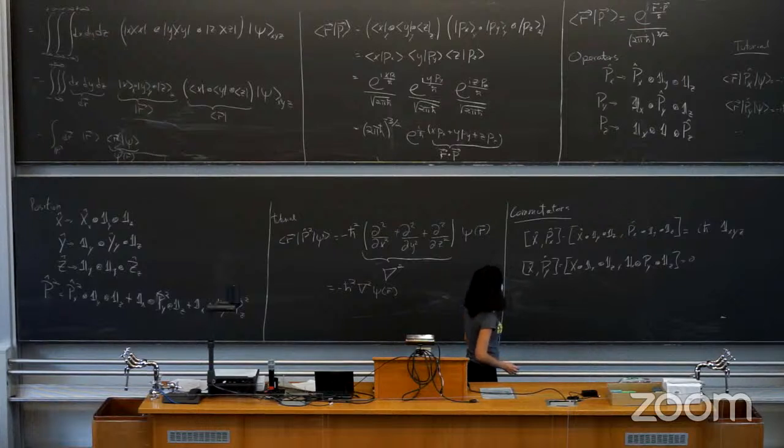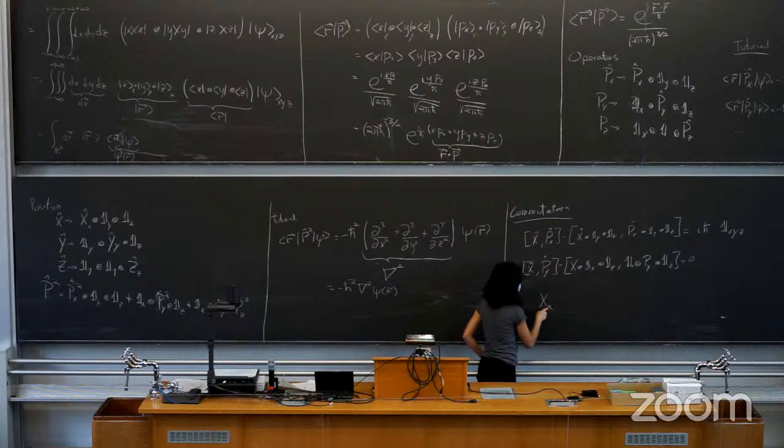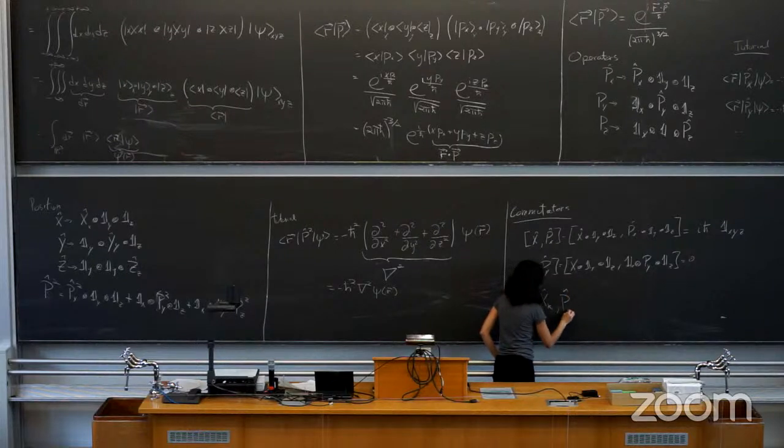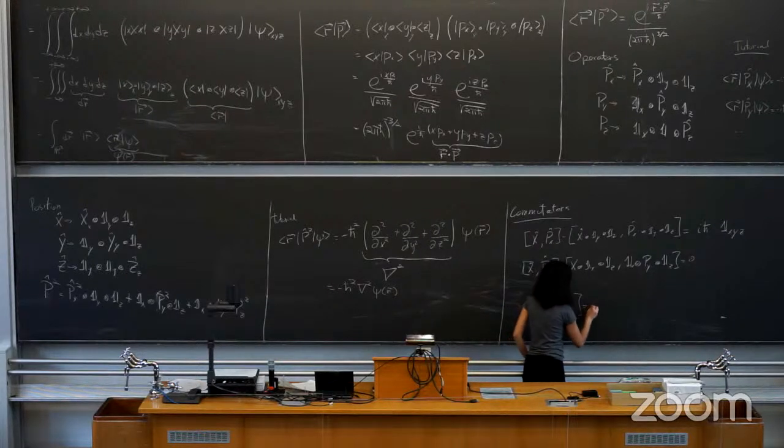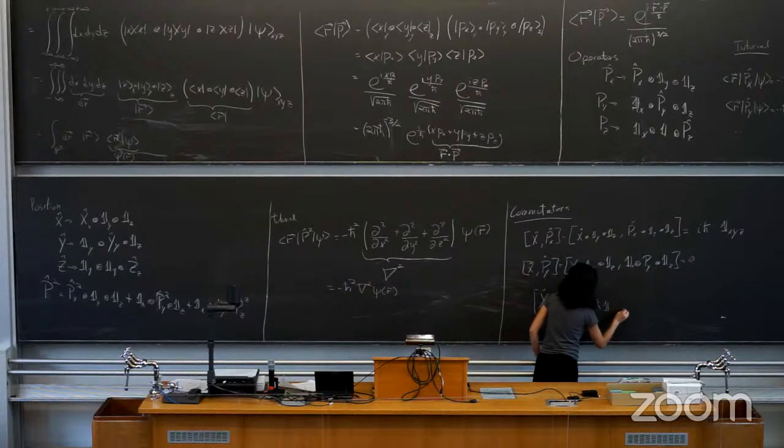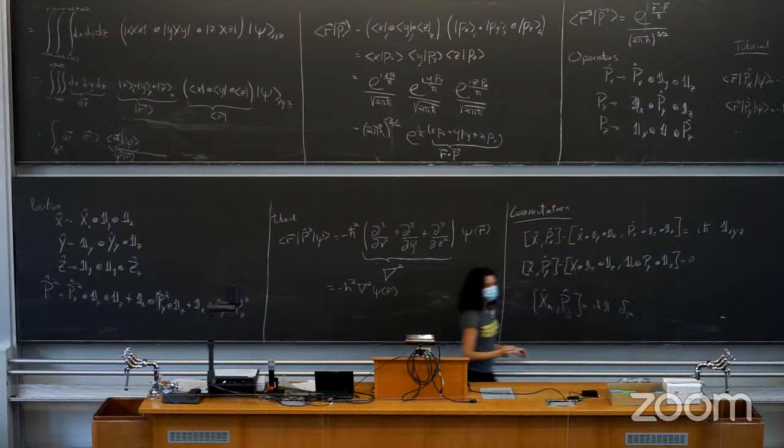So if it's the position operator for the subsystem K, so this would be X, Y, or Z, and P for subsystem J, that's going to be i h bar identity times the delta JK.